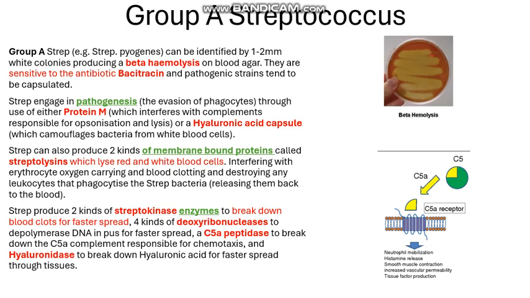And they produce a C5a peptidase to break down the C5a complement responsible for chemotaxis. If you don't remember, chemotaxis is just the recruitment of immune cells to the site of infection. And they also produce hyaluronidase to break down the hyaluronic acid for faster spread through tissues, same as Staphylococci.